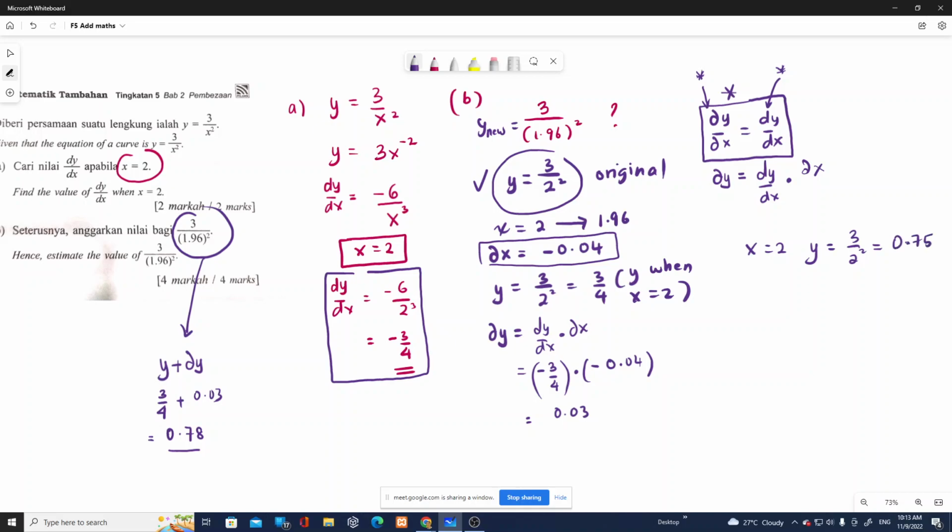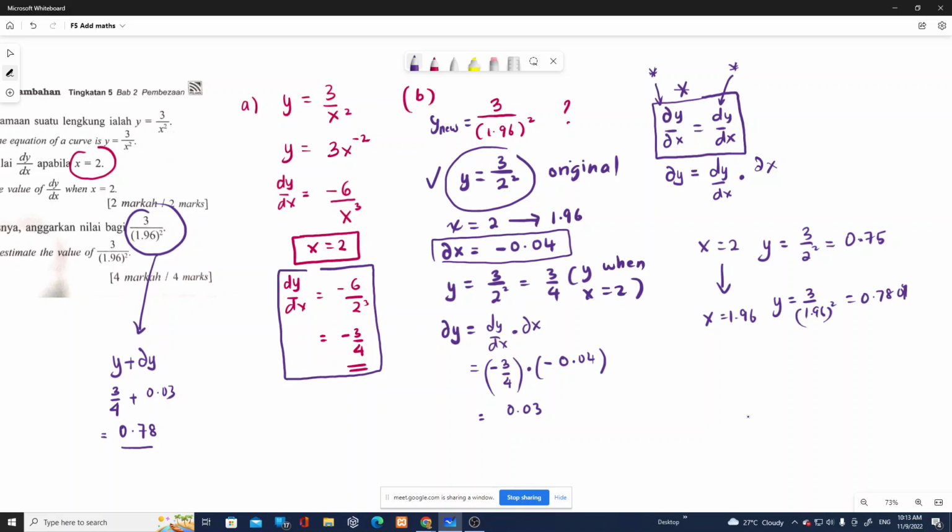Okay, and then x changed from 2 to 1.96. Then your y will also have a value here, that means 3 over 1.96 square. If you use a calculator, you will get an actual value of 0.7809 something something.